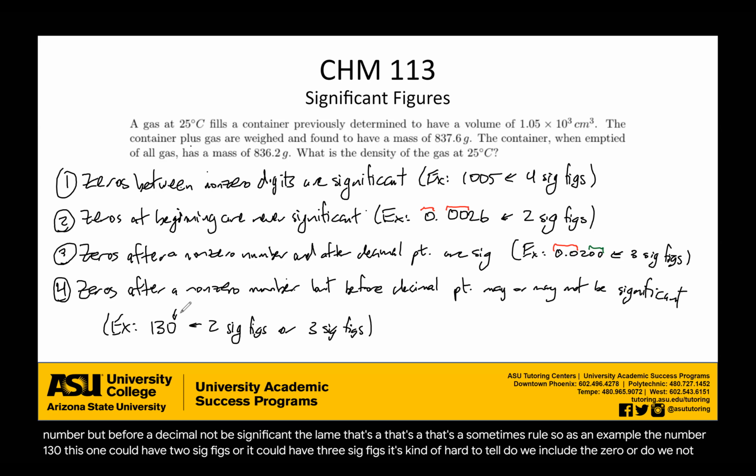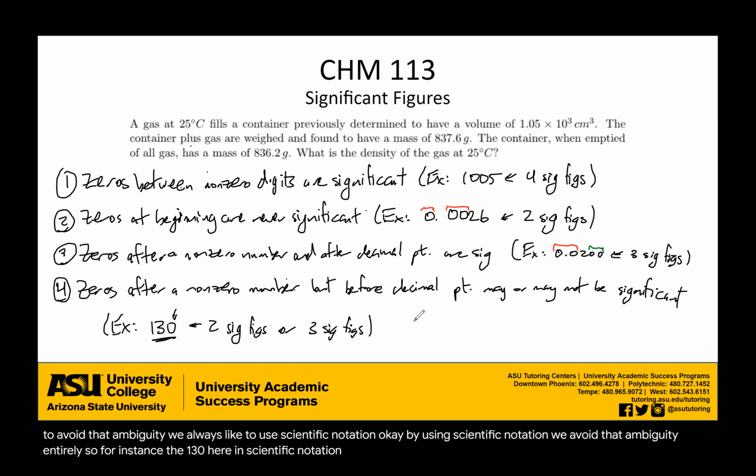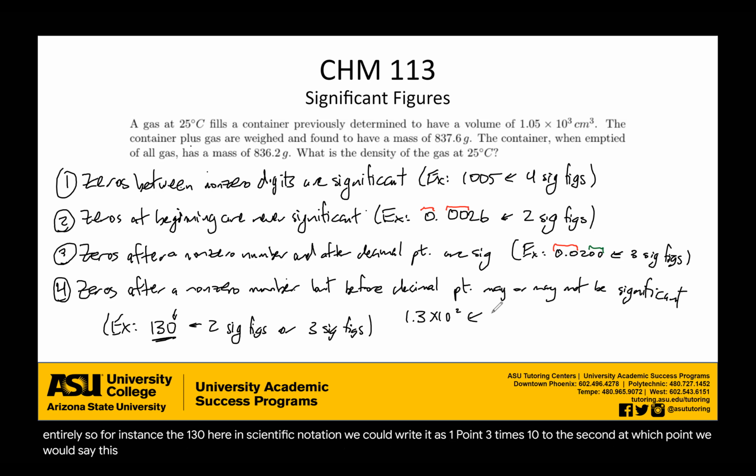So to avoid that ambiguity, we always like to use scientific notation. By using scientific notation, we avoid that ambiguity entirely. So for instance, the 130 here, in scientific notation, we could write it as 1.3 times 10 to the second, at which point we would say this has 2 sig figs. Or we could write it as 1.30 times 10 to the second, at which point it would have 3 sig figs.